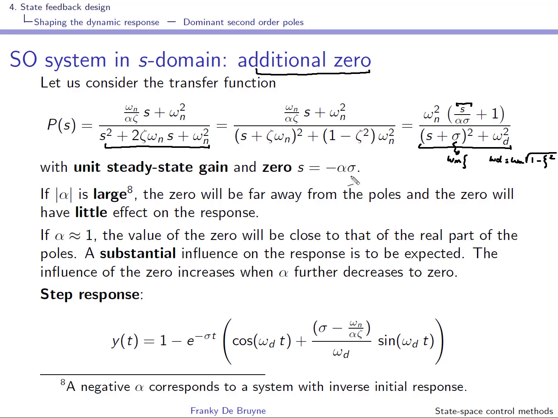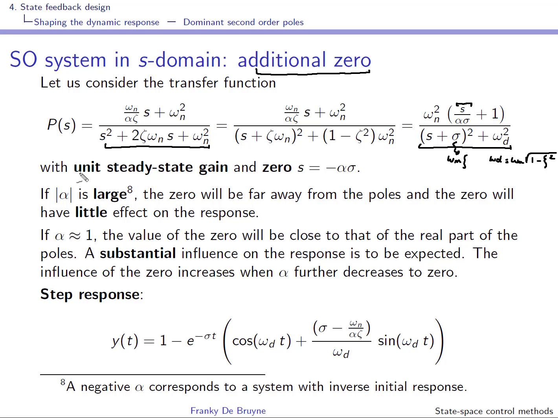So this means that we still have a unit steady state gain, right? The steady state gain can be obtained by considering s equal to 0. If you consider s equal to 0, it's easiest to see it over here.